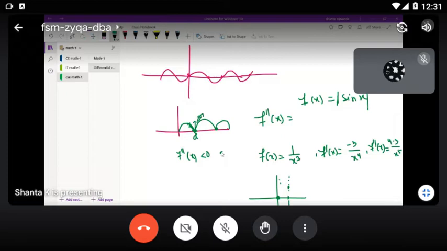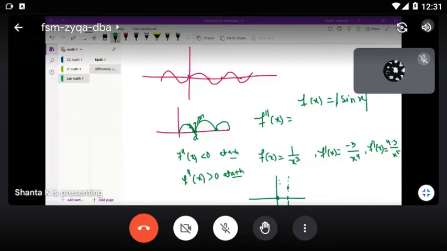If suppose this is a, then at a minus h it must be negative, and f double dash x is positive at a plus h. Okay, so it changes sign at a, but at the point a it doesn't exist. So is it a point of inflection or not? No, ma'am, it can't be a point of inflection.